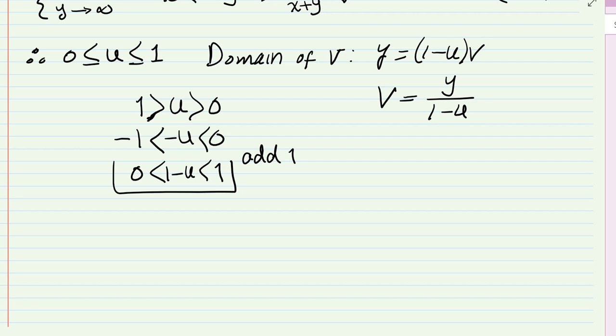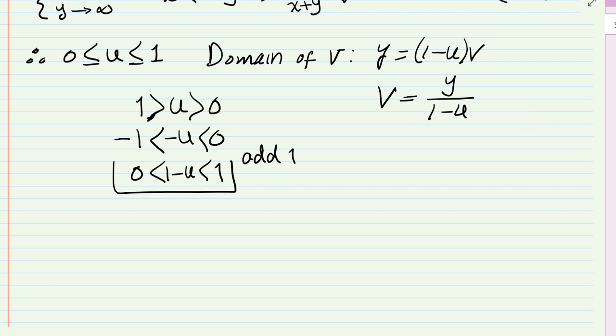Okay, so 1 minus u is established. This is between 0 and 1, so it's positive. y is positive, therefore v has to be positive. True? And there we have it.